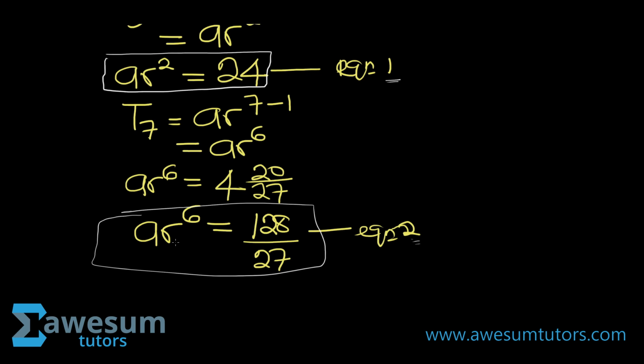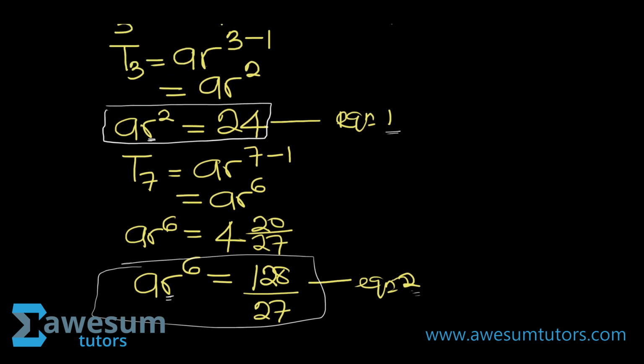You use the one that has the higher power of the common ratio, that's R raised to the power 6, equation 2, and divide it by the one that has the lower power of the common ratio. That will make your solution easier, okay?